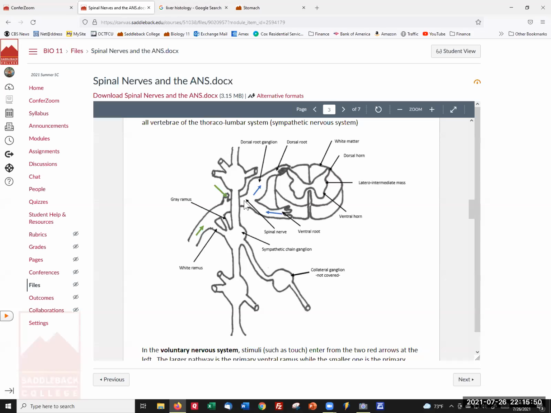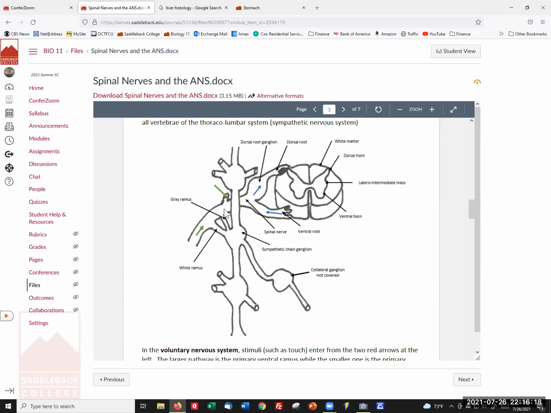The spinal nerve is short, so short, in fact, that most of this one is hidden in my drawing behind this portion here of the chain ganglia. I'd say it would run from here to here.